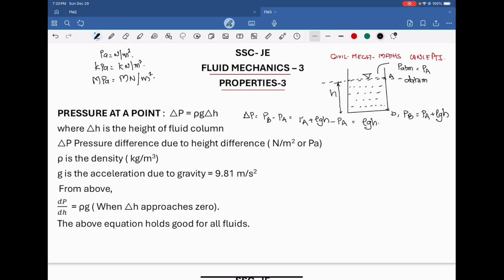Let us say we have taken this as the datum. Above the datum, atmospheric pressure is there. Below the datum, water started exerting pressure here.